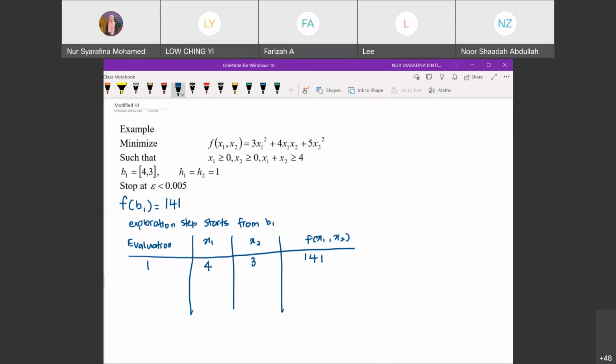All right, the next one, the movement process. What is your next evaluation point? We start from B1, 4, 3. So we move to the right. We have 5, 3. So F(5, 3) equals?